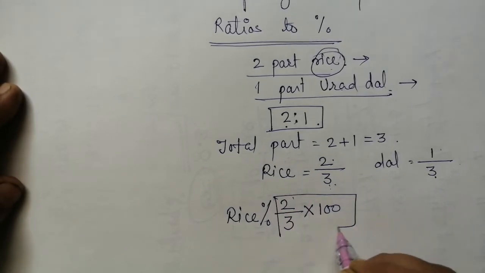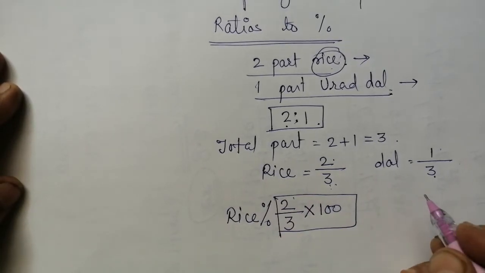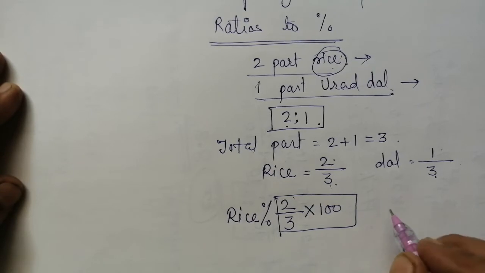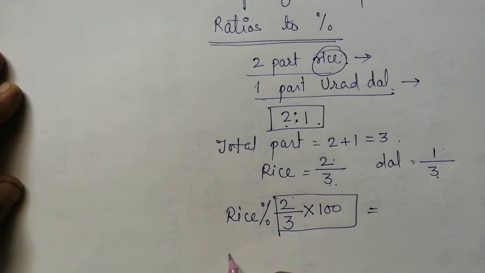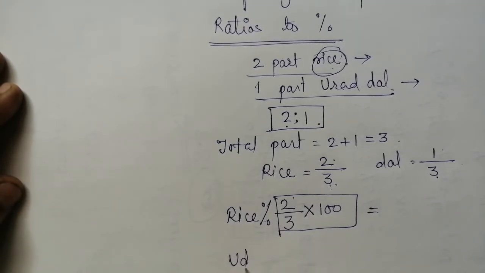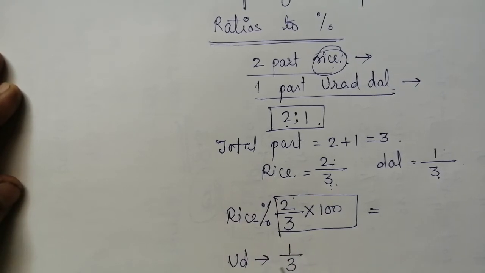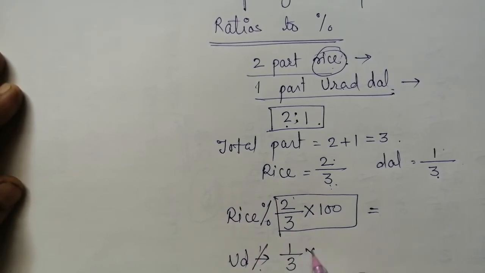This will give you the percentage of the rice. And urad dal is 1 by 3, and for percentage we multiply by 100.